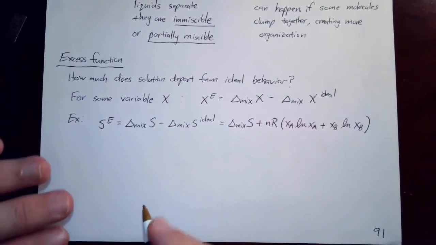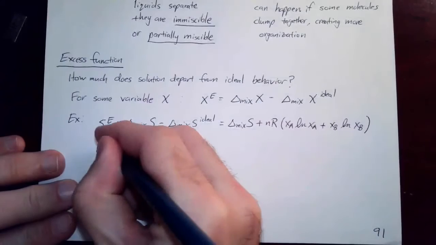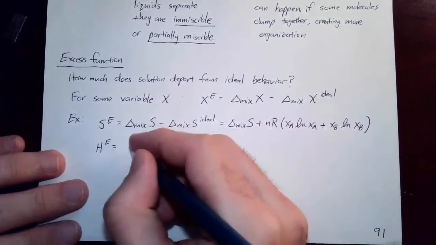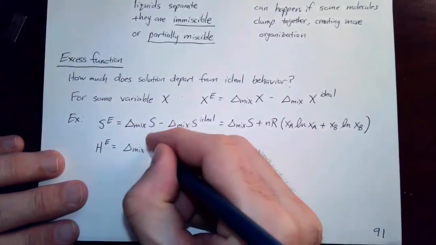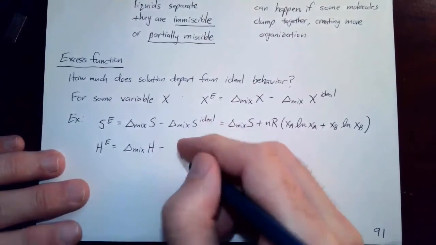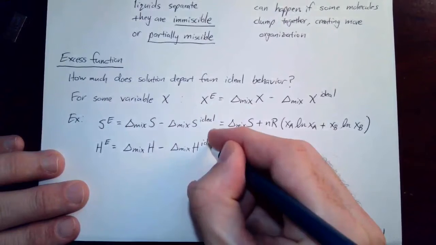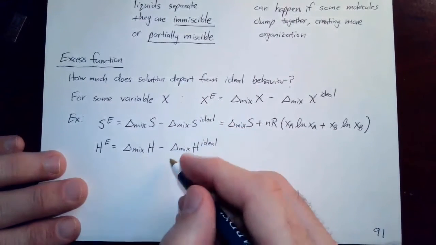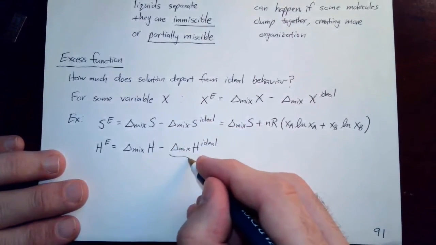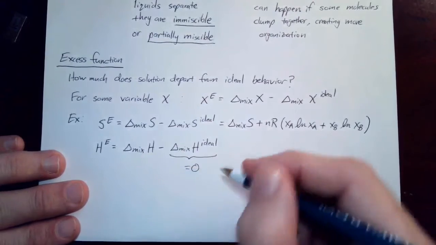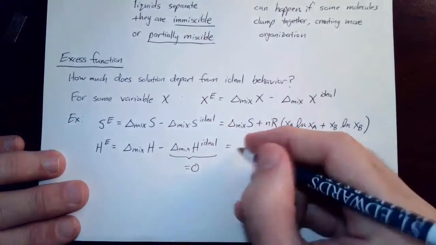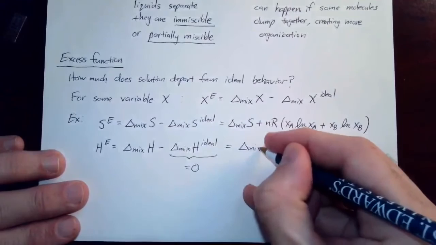Another example is our variable could be enthalpy. So the excess enthalpy can be the actual enthalpy of mixing minus the ideal. And we saw earlier that for ideal mixtures, this is equal to 0. So the excess is actually just equal to the mixing enthalpy itself.